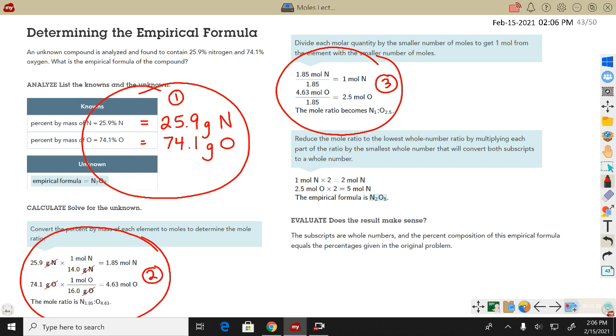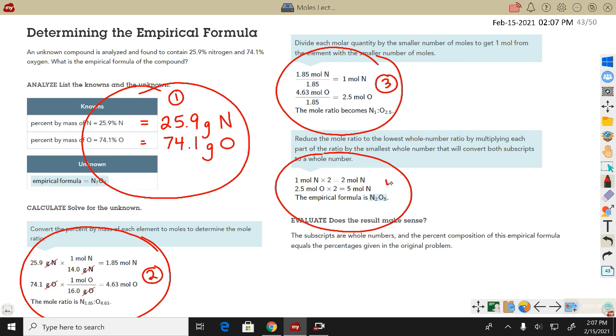So if you get something here that's like a 0.5, then just multiply both by 2. And you have to still keep the integrity of the ratio. The ratio is supposed to be a ratio of 1 to 2.5. So I have to multiply both of them by 2, so that a ratio of 2 to 5 is equivalent to a ratio of 1 to 2.5. It's just that in a formula, I need the ratio to be a whole number ratio.